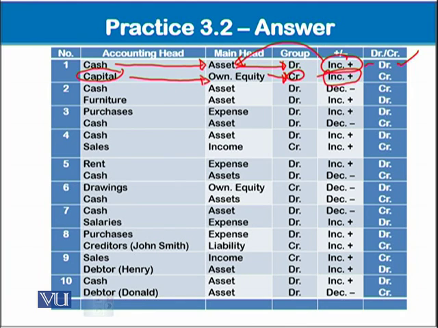This you can relate to that equation as well, that when the cash was introduced in the business, owner's equity was increased. So this credit group, when it is increased, will be credited. This is as per the rule that we have already discussed.